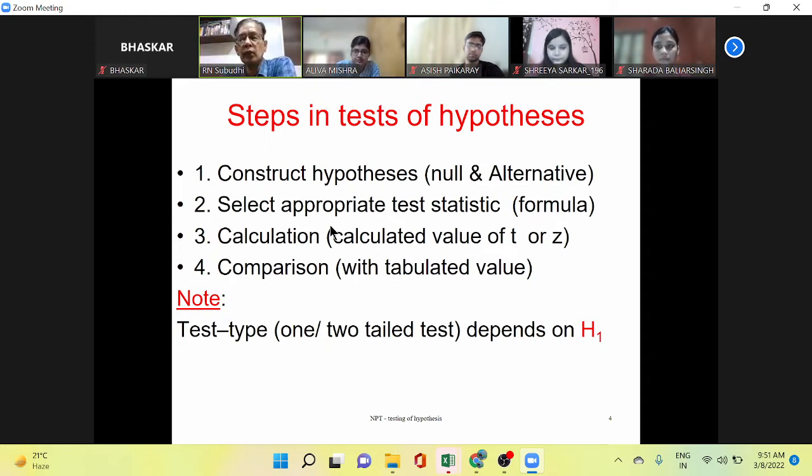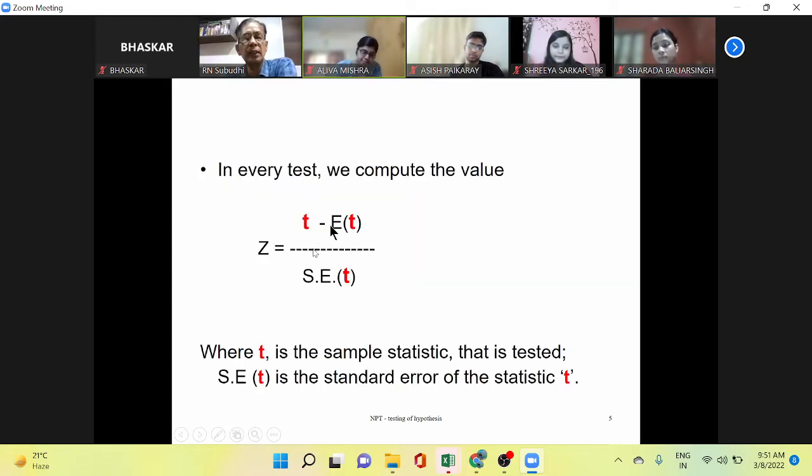What is the decision rule? How do we decide? Sir, if the calculated value is more than the critical value, we reject; less, we accept. All of you remember, this same thing will apply today in NPT also. NPT will also have those 4 steps.